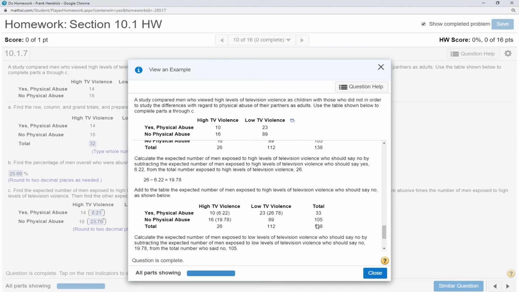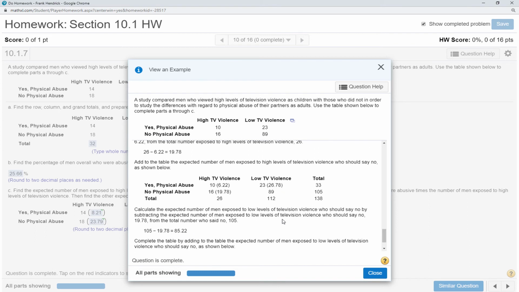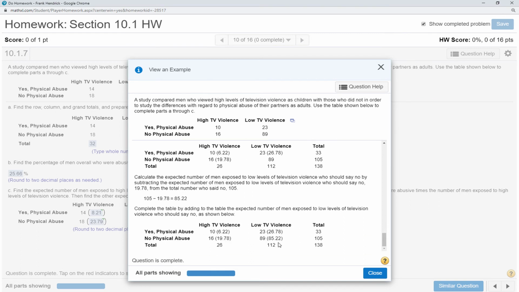And then they can also fill it in here and find that one. 105 minus 19.78 gives me this one here. And that's all they ask you to do there.